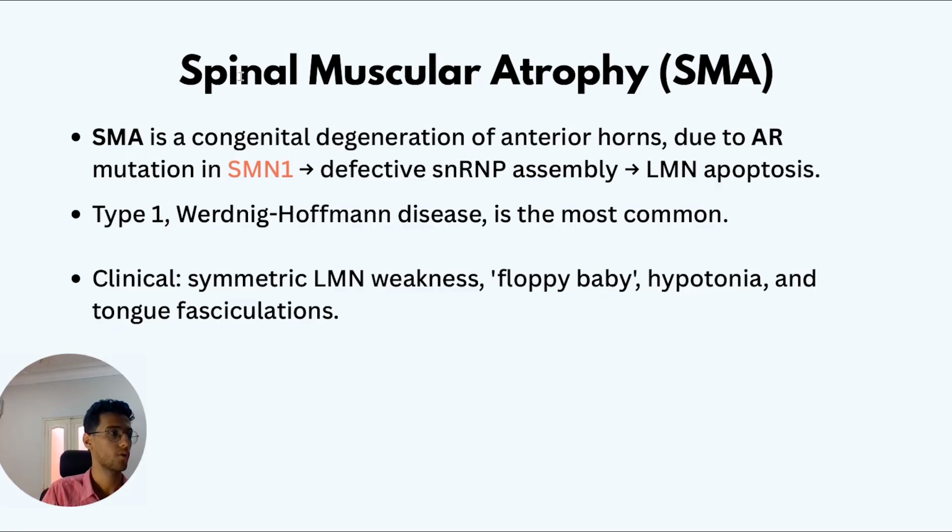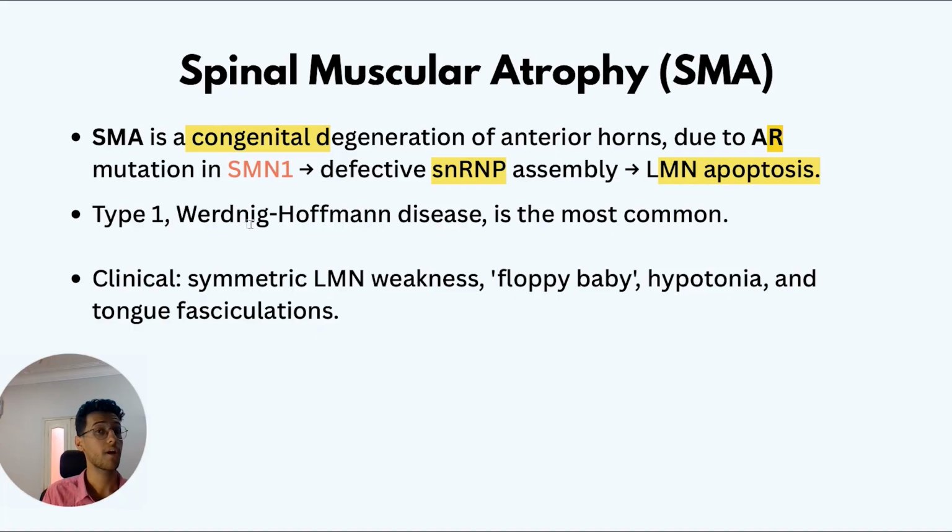It's a congenital condition due to an autosomal recessive mutation of the SMN1 gene, defective in snRNP ribonucleoprotein assembly, causing lower motor neuron apoptosis. The most important thing is that it is a symmetric lesion and the gene involved here is the SMN1 gene.